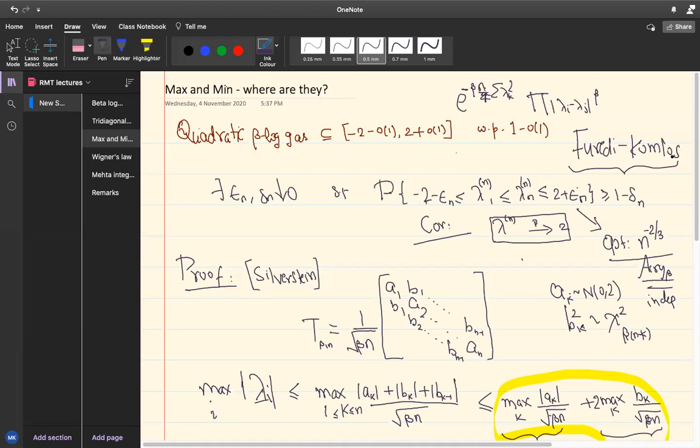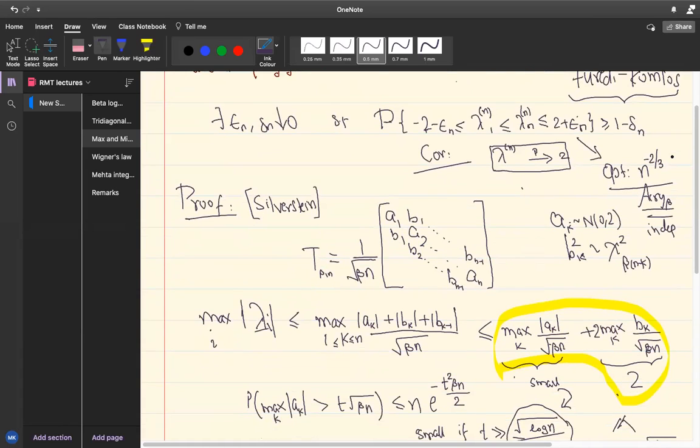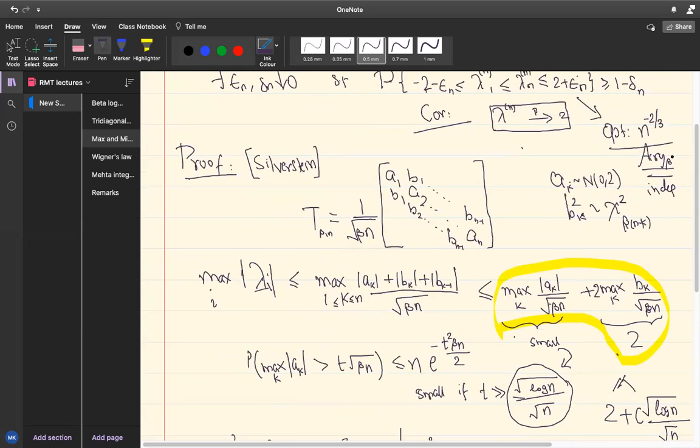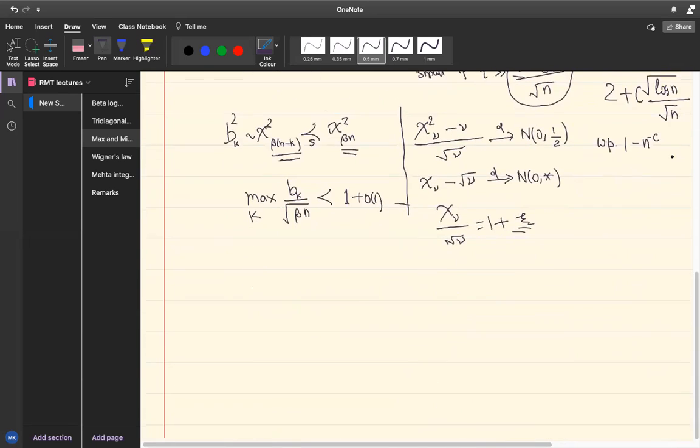So their method works for that also, but you have to study traces of very high powers of that matrix, and quite a bit of combinatorics is there. I can say without any lie that this proof is simpler. But this doesn't work for the general Wigner matrix, of course.